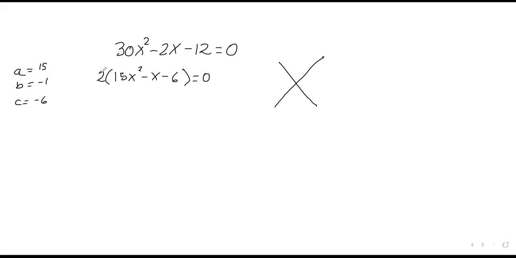And now we check the AC, and the B, and we have to remember to divide by A. A times C is going to be 15 times -6, which is -90.